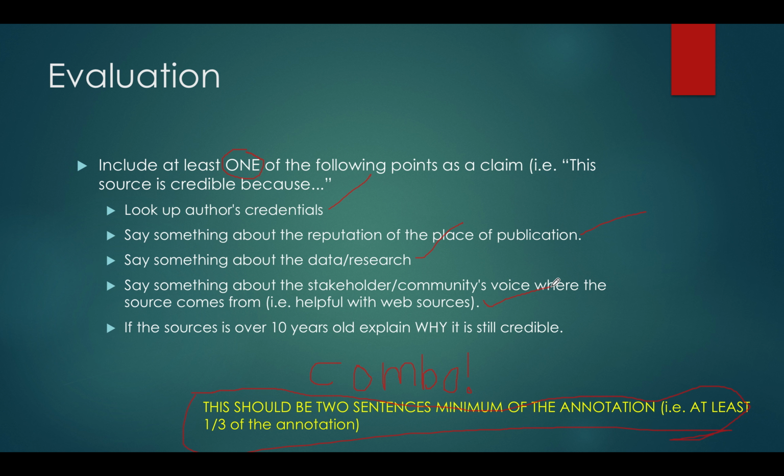They have credibility, but perhaps their credibility doesn't come from traditional credibility. They're not a professor, they're not a writer, this isn't the New York Times, they didn't perform a double-blind research study, but they have credibility because their blog has lived experience. So you'll want to be able to explain that, okay?